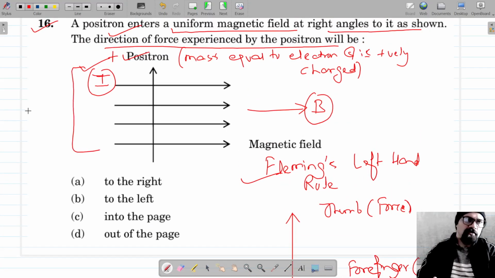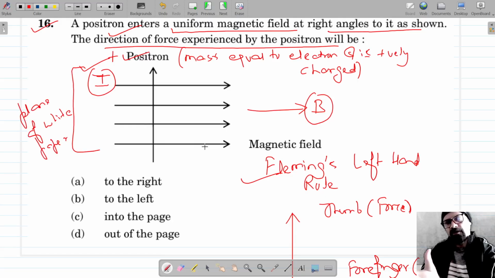Now, if we use the left hand rule, let's consider this to be the plane of a white sheet of paper placed horizontally. Now, if you point your forefinger in the direction of the magnetic field and the middle finger in the direction of the current, the direction of the current is upwards.